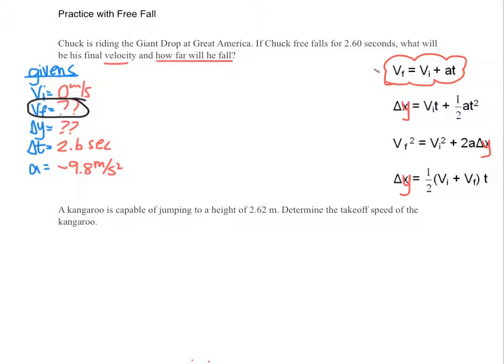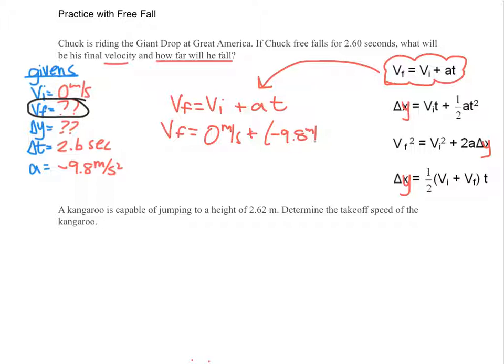Okay, so I'm going to rewrite my equation. That's an important step. Vf equals Vi plus A times time. Now I'm just going to start plugging in. Vf equals Vi, which is 0, plus negative 9.8 meters per second squared times 2.6 seconds.